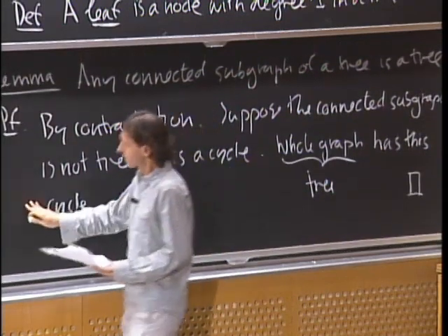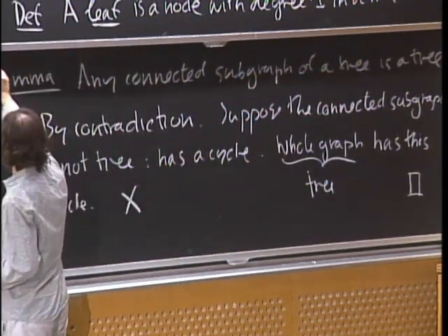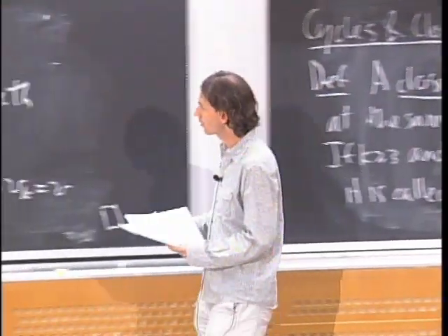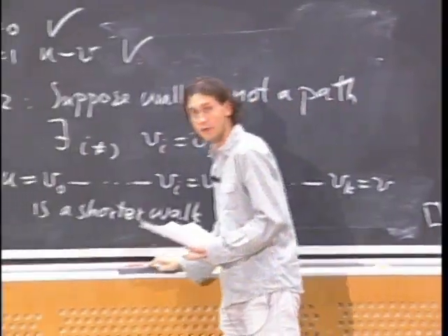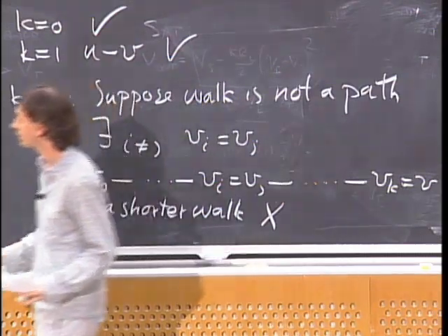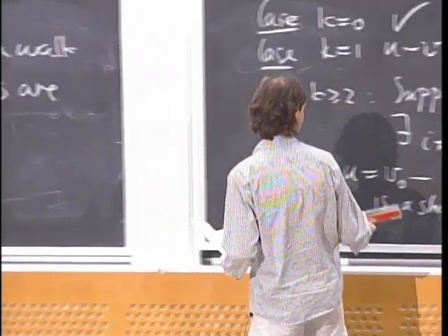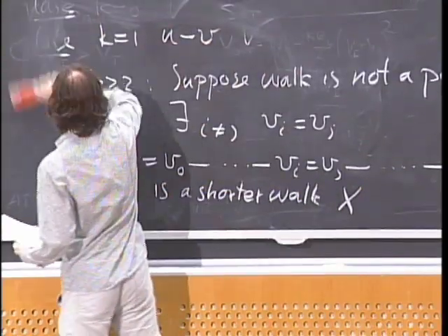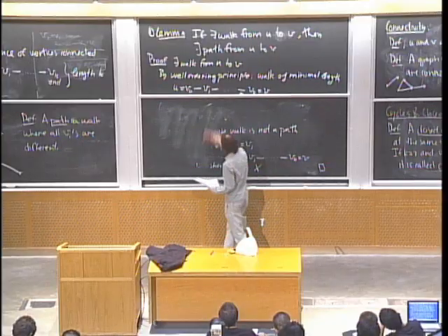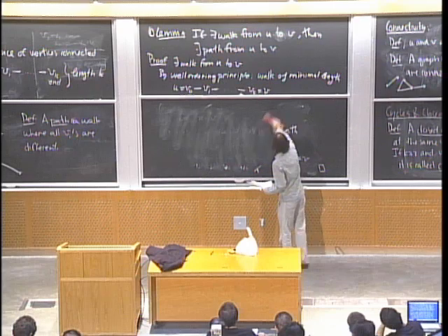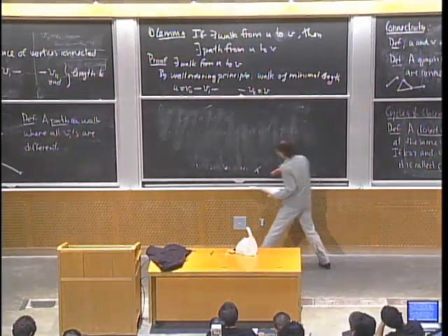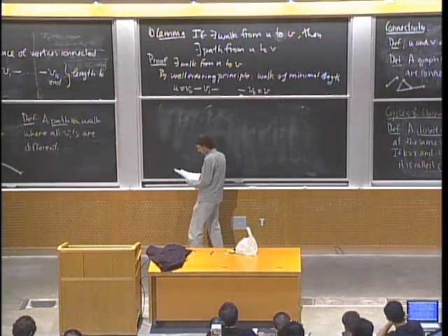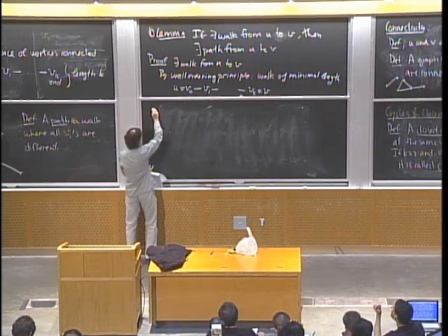Okay, so this lemma, which we'll call 2, we will use in the next proof, where we're going to talk about the relationship between vertices and edges within trees. It's a very beautiful relationship.